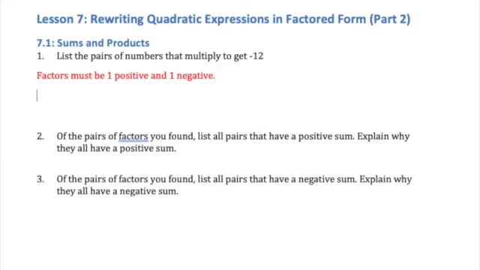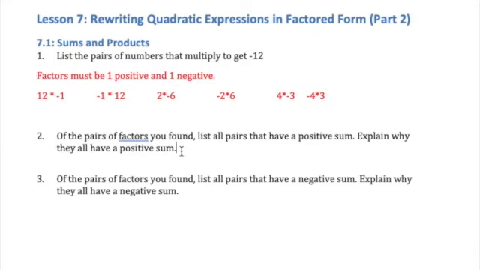That means we can have either 12 times negative 1 or negative 1 times 12, or maybe 2 times negative 6, or negative 2 times 6, 4 times negative 3, or negative 4 times 3. Those are our 6 real options.